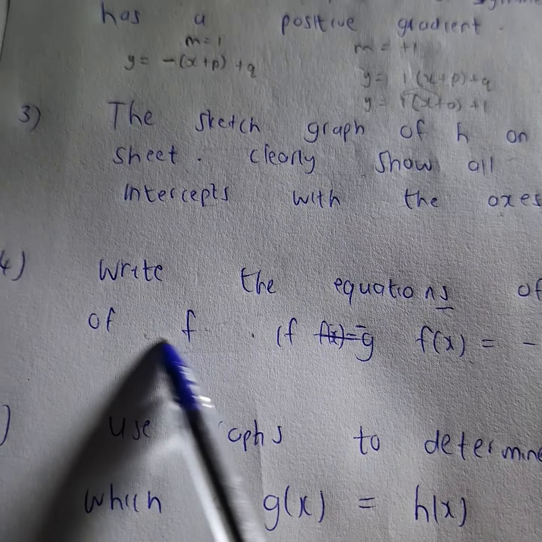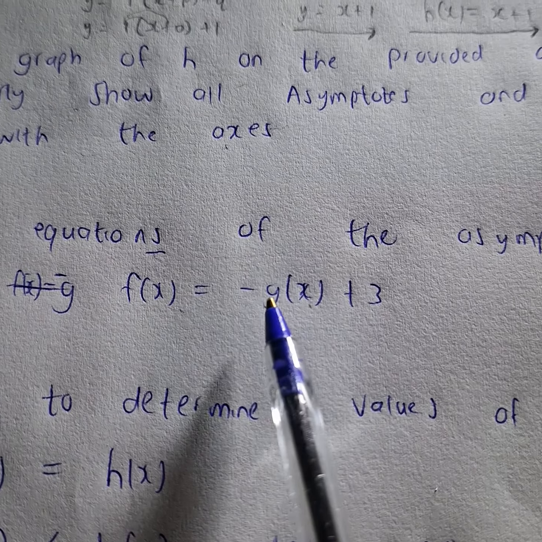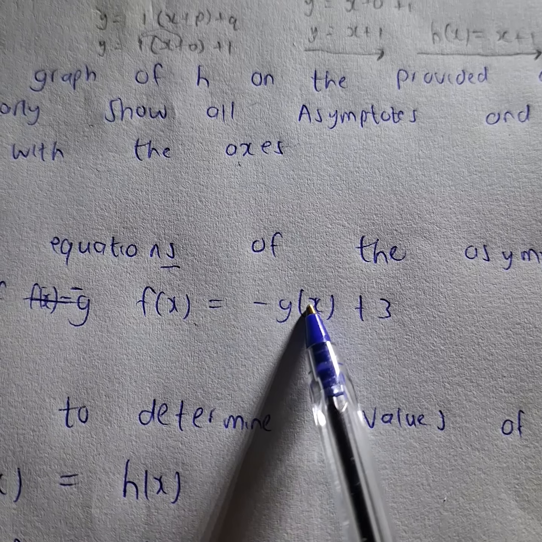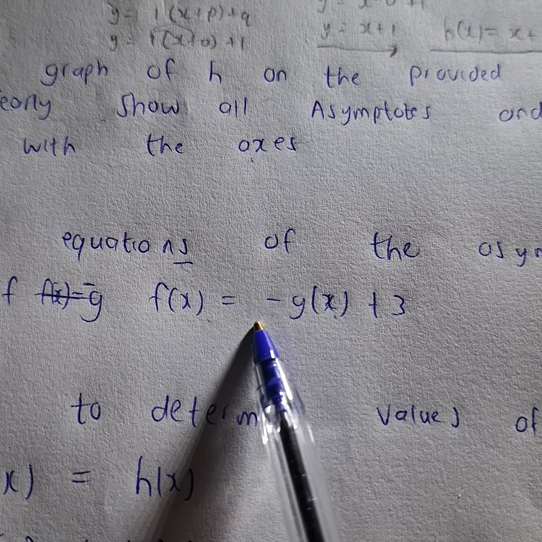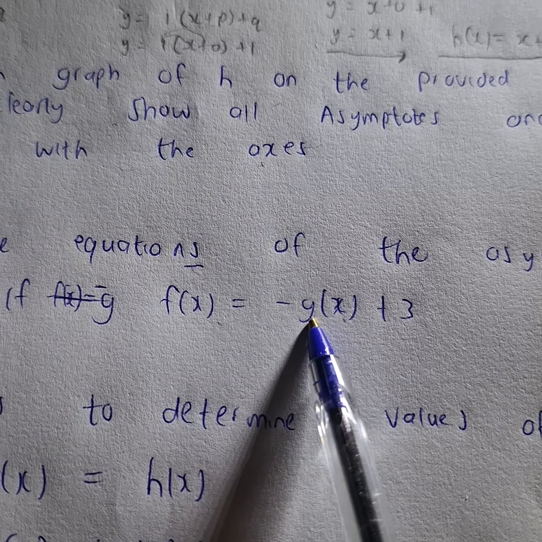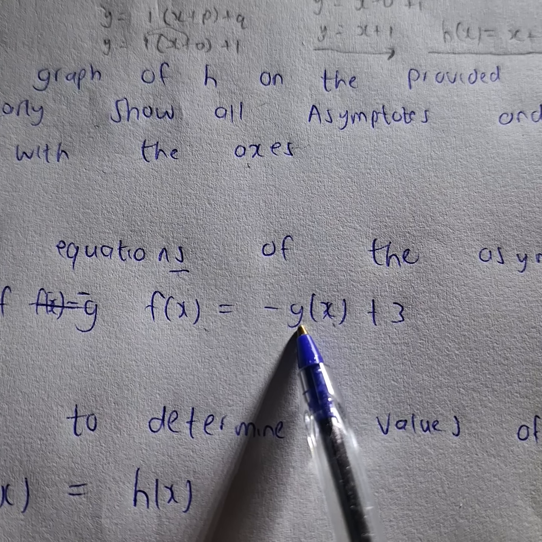F is a new function. Remember, initially in the question itself, there was no function of f. So f is a new function. But how is this function formed? It is formed by negative g of x. In other words, that means we're changing y for f of x from g of x, which means it's a reflection in the x-axis.